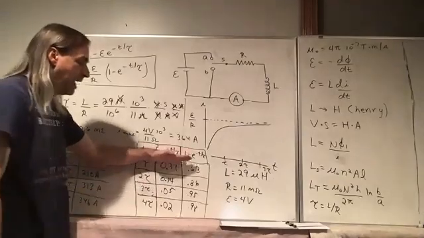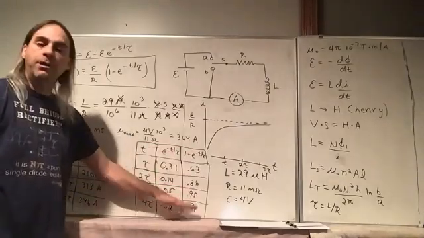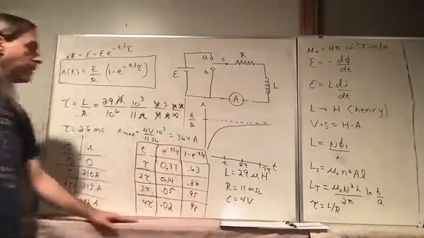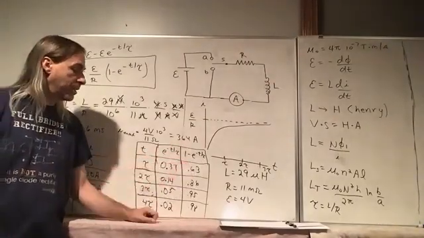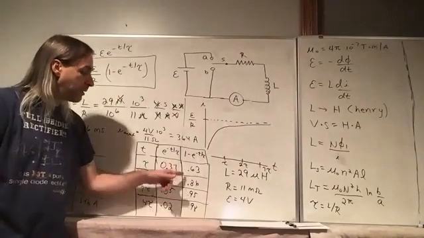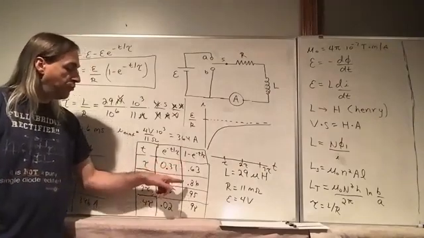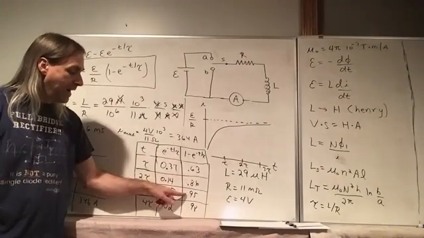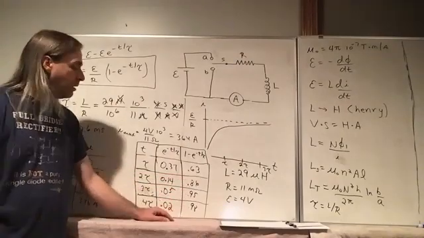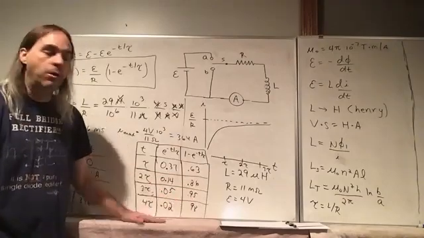But we're looking at the same increase in time over each of these intervals, but the change goes from 0 to 0.63. That's a change of 0.63. And then a change from here to here of 0.23. And then 0.09, and then 0.03.